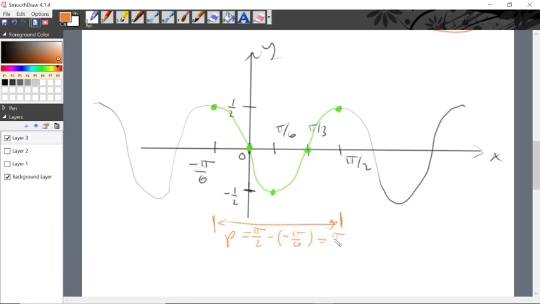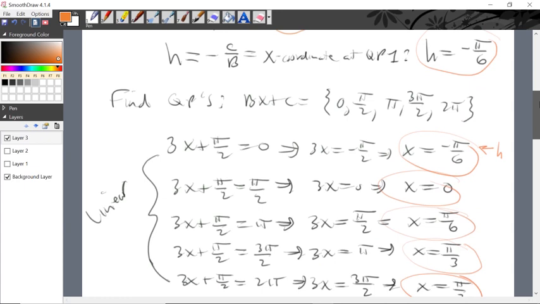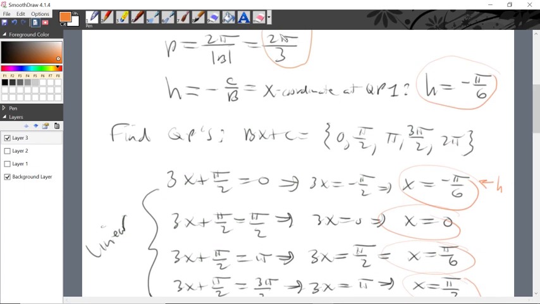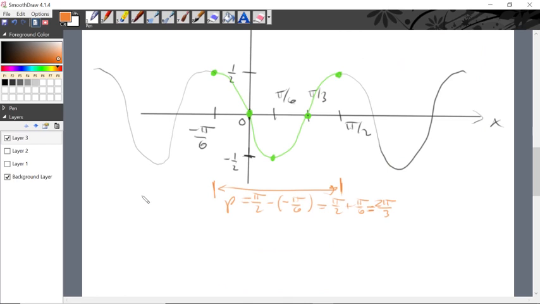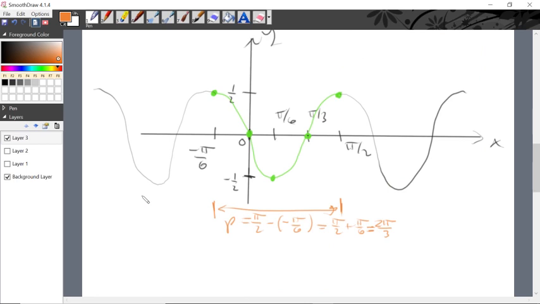That equals pi over 2 plus pi over 6, which is 3 pi over 6 plus pi over 6 is 4 pi over 6, and that reduces to 2 pi over 3. So the period is 2 pi over 3, and that matches what we said the period was going to be from the start as well. So the graph and the equation are agreeing with each other as they always should.